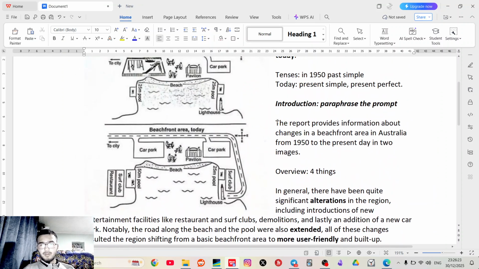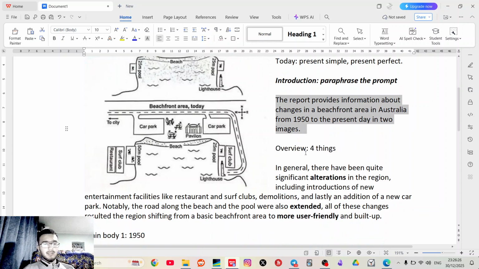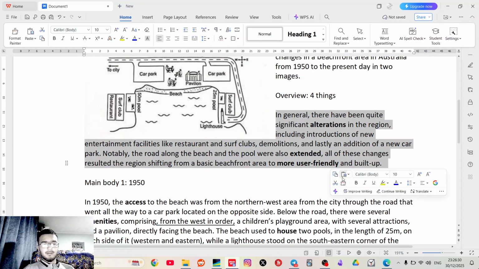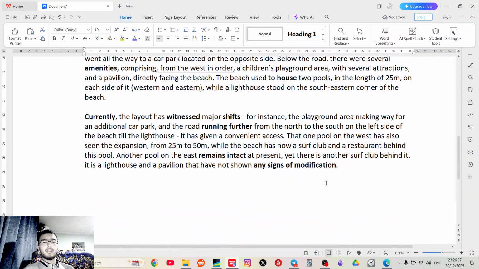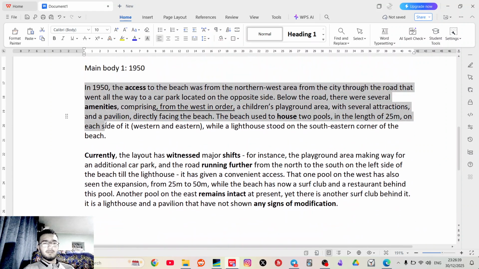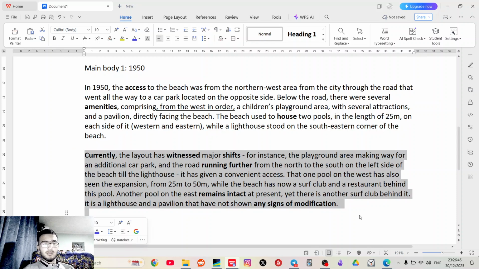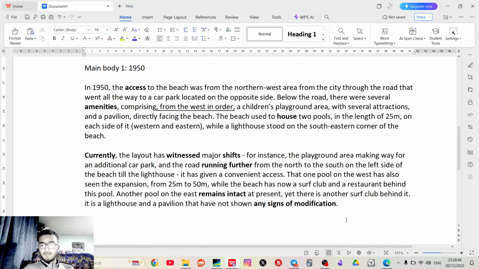So how many words do I have? Here I have 21. So 21 plus 62, that's going to be 83. So 83 plus 90, that's going to be 173. And 173 plus another 109 words.